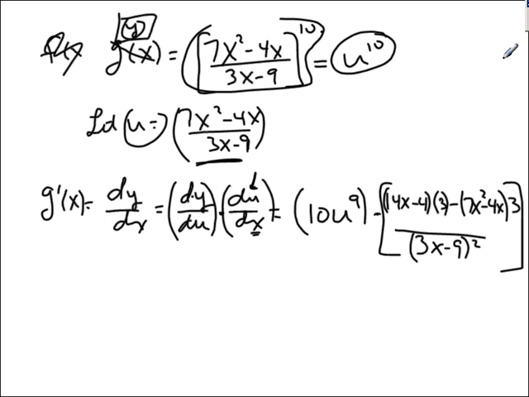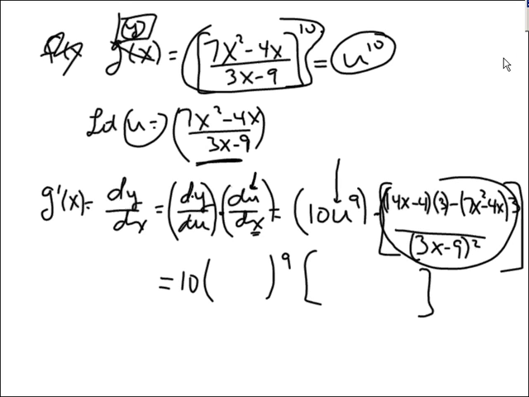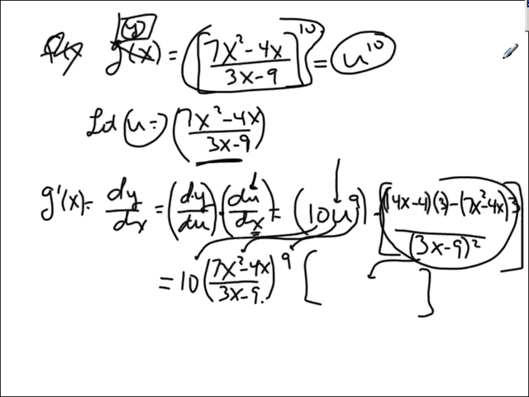Oh, except you should now go back and plug in what u is. So it's 10 times u to the 9th times what's in here. Not going to rewrite it. The 10, I'll put u in, there's the 9th power, and u is this mess. There's the answer.